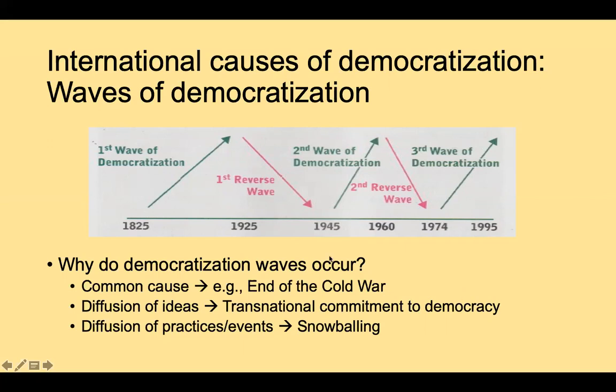And then there's also the diffusion of practices and events in policy changes. And so in Latin America, for example, a lot of countries learned from each other and seemed to follow suit with democratic transitions when their neighbors exhibited or illustrated the process first. And this often takes place when countries have a lot of historical or cultural shared lineage, or a lot in common.